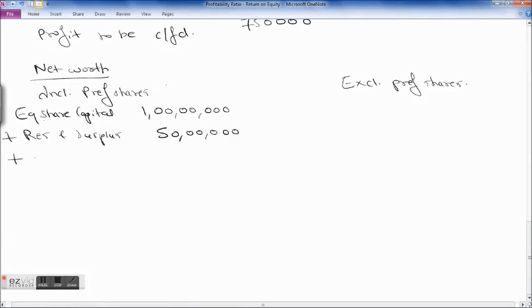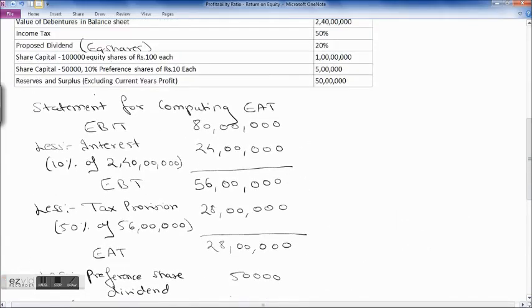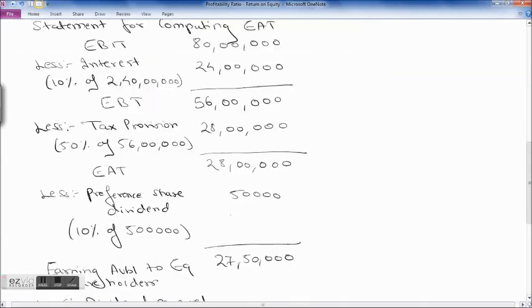So we have to add current year profit, that is 7,50,000, right, plus your preference share capital. So how much is the preference share capital? 5 lakhs, right?